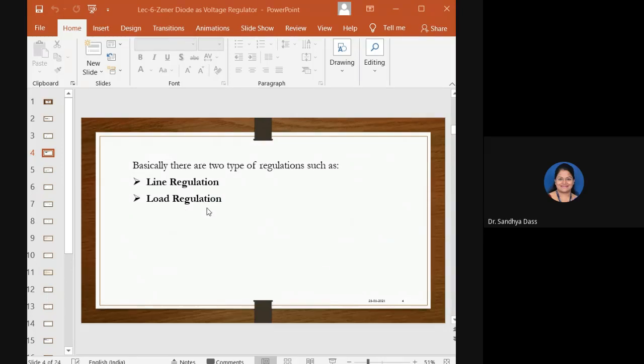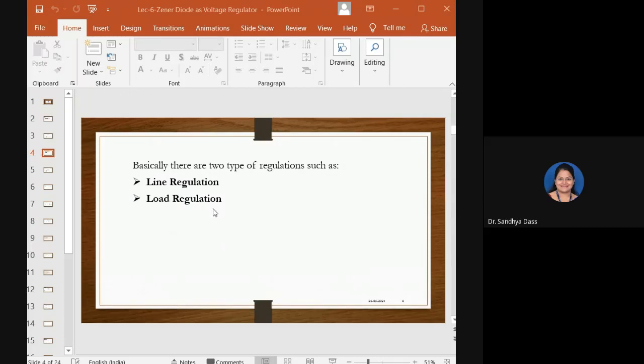In load regulation, the other way around, the input voltage is fixed and the load resistance is varying. Even if the load resistance varies, keeping the input voltage constant, the output across the Zener diode will be maintained constant. Again, note that this holds only as long as the load resistance is within the range from minimum to maximum value.